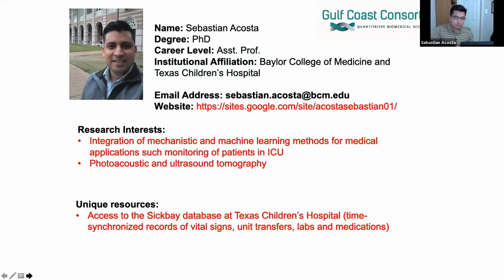The type of work that I do at Baylor and TCH is on machine learning and the analysis of data from patients. One of the main things that I am interested in is the integration of mechanistic models of the cardiovascular system with machine learning methods to monitor patients in the ICU, the intensive care units.